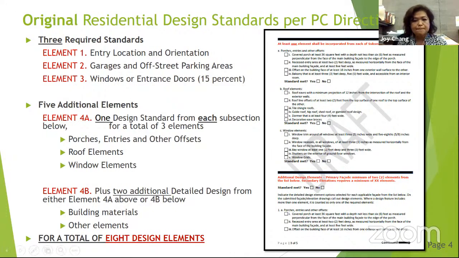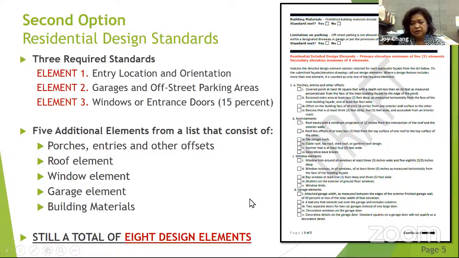So the second option in front of you, as reiterating, the first three are still required like the original, but the additional five, it consists of a menu list.